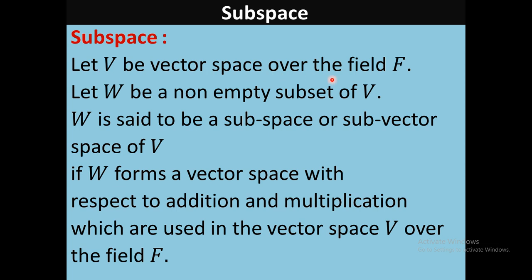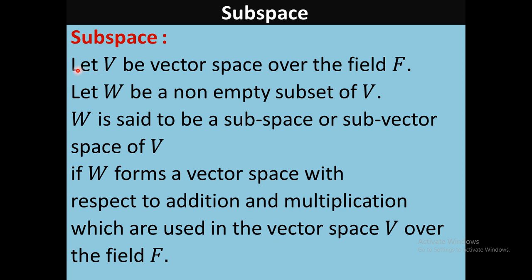Suppose V is a vector space and W is a non-empty subset of V. It will be a subspace of V if it is itself a vector space with respect to addition and multiplication which are applied on V. Here I write down: W is said to be a subspace or subvector space of V if W forms a vector space with respect to addition and multiplication which are used in the vector space V over the field F. You know, when a set forms a vector space, there are 10 conditions.